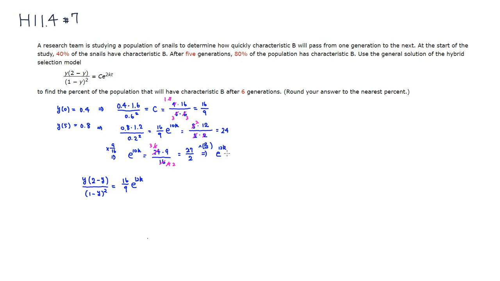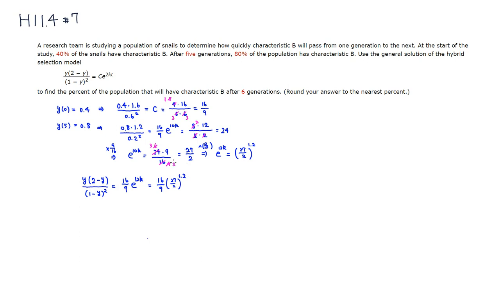So this is equal to 27 over 2 raised to the, can I write 1.2 power? So 1.2 power. All right. So this is going to be 16 over 9 times 27 over 2 to the 1.2 power.